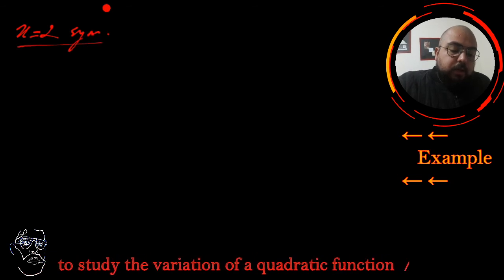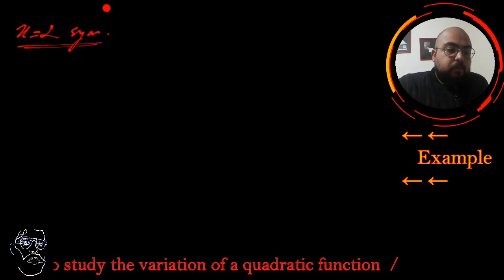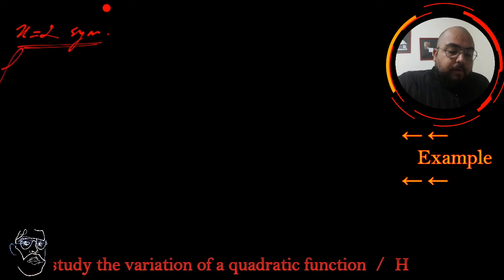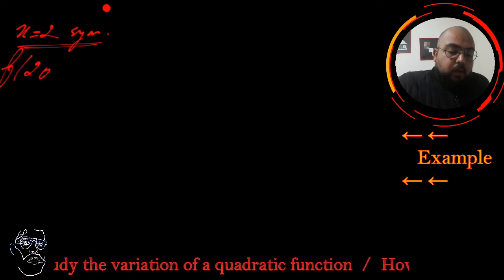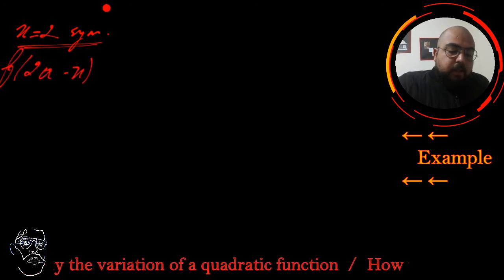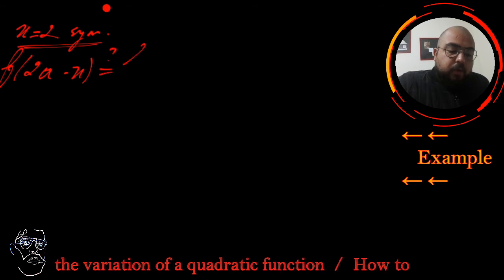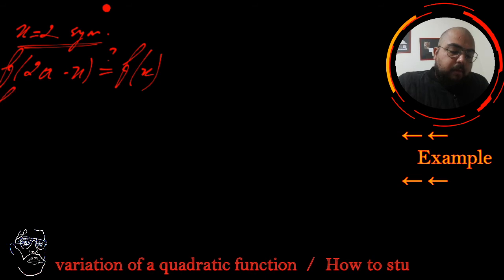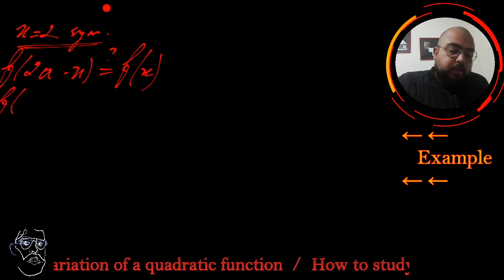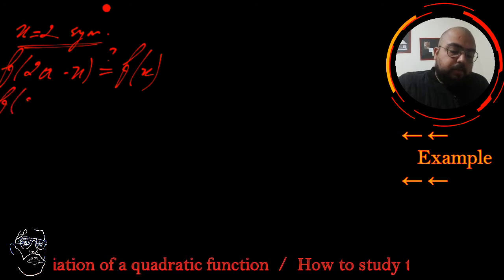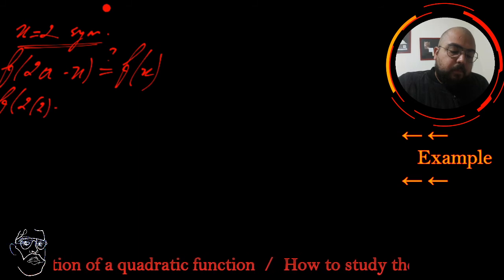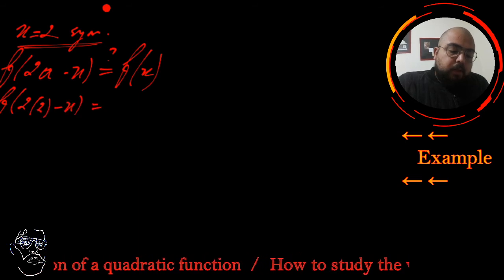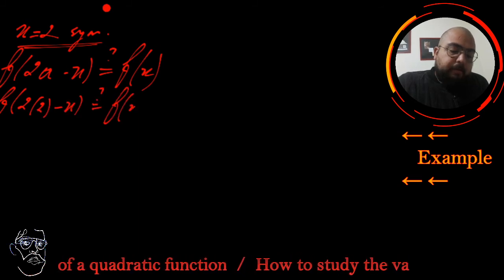Again, we're going to use the same formula. F of 2a minus x, is it equal to f of x? So f of 2 times a is 2 times 2 minus x, is it equal to f of x?